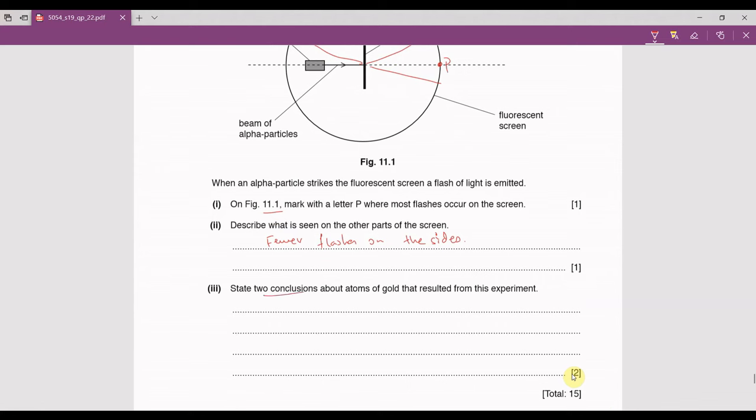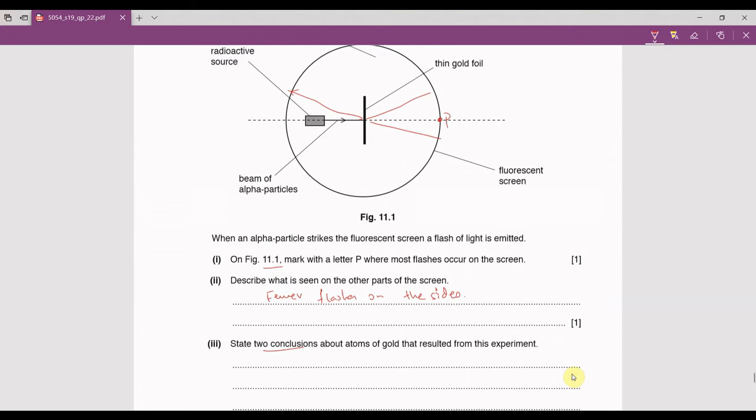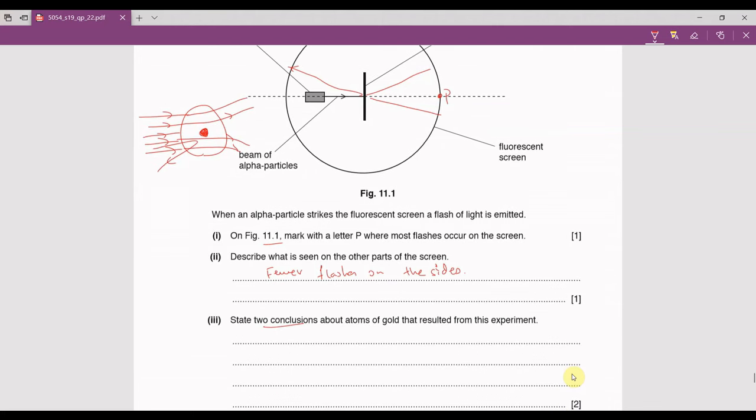State two conclusions about the gold atoms that resulted from this experiment. So the two conclusions were that this is your atom, and in the center it has a nucleus. How they came to know that there is a nucleus in the center was because the alpha particles are passing like this. The only reason particles are getting deflected like this, or if they are deflected in the other direction, is because the center of the atom is positively charged.